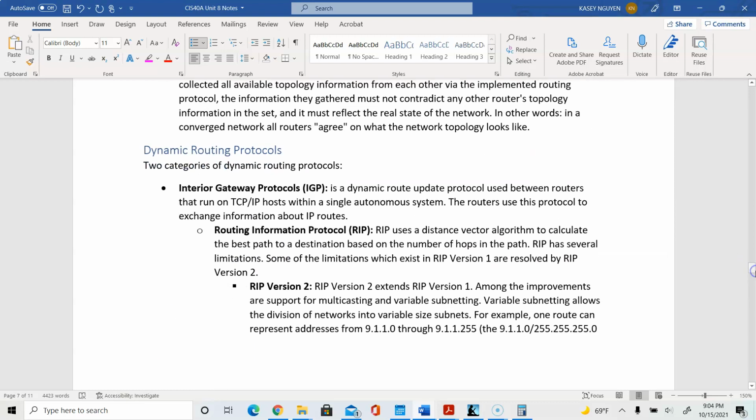Dynamic routing protocols consist of two categories: your interior gateway protocols and your exterior gateway protocols. Interior gateway protocols are used in dynamic routing between the routers that run on TCP/IP hosts within a single autonomous system.